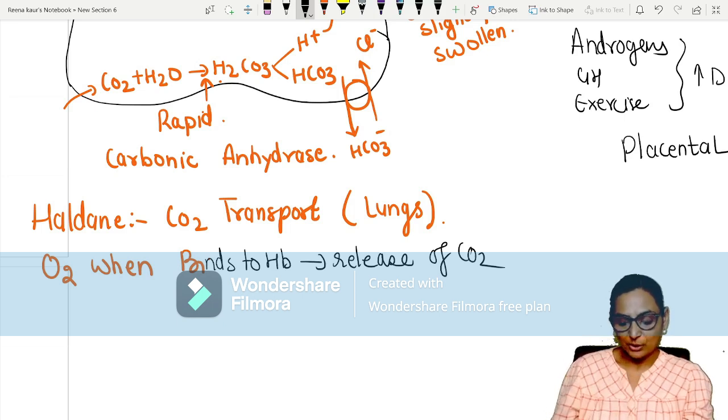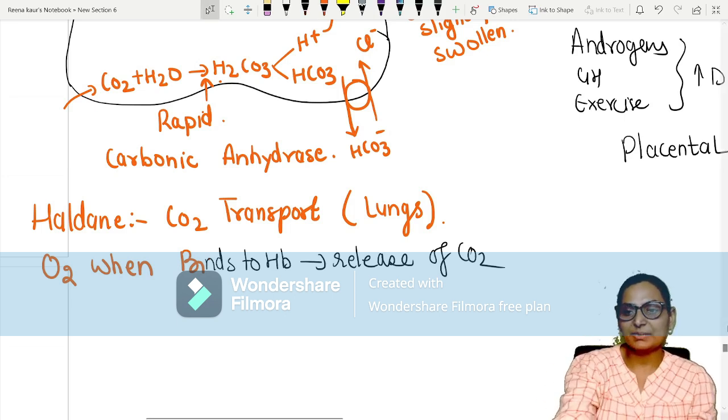So carbon dioxide transport is the Haldane effect, and oxygen transport is the Bohr effect.